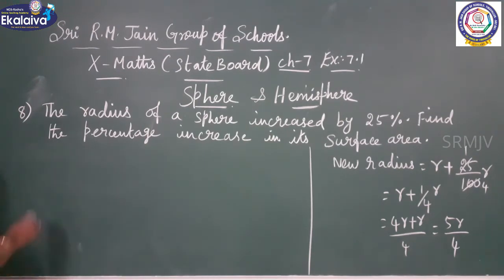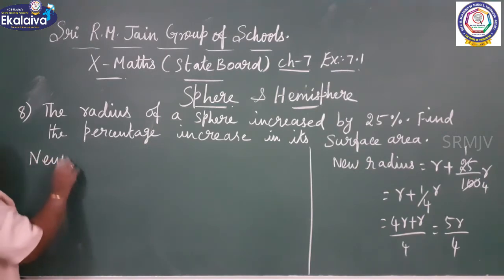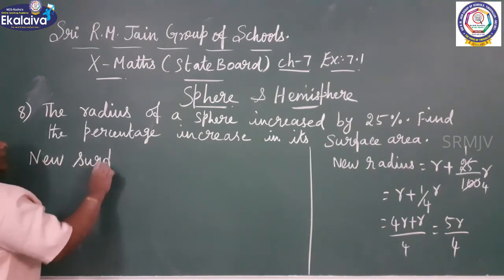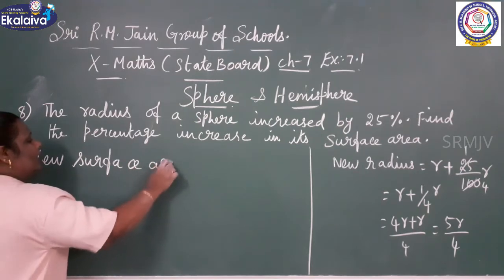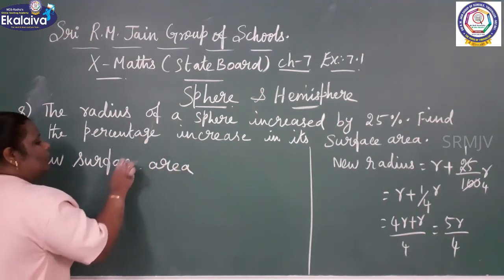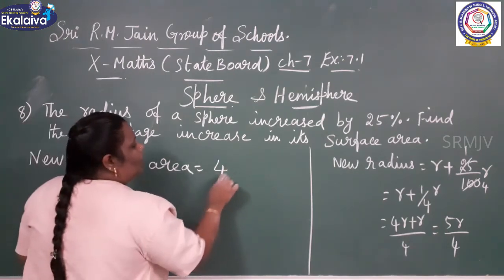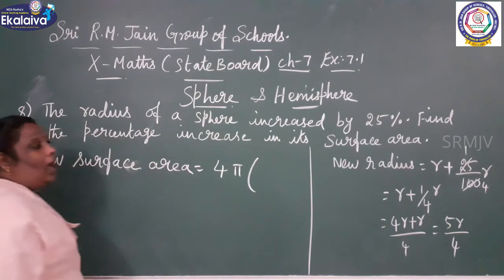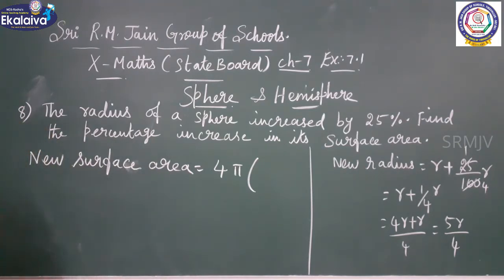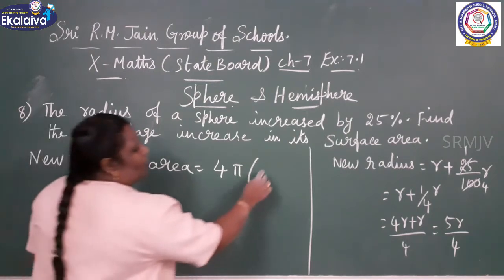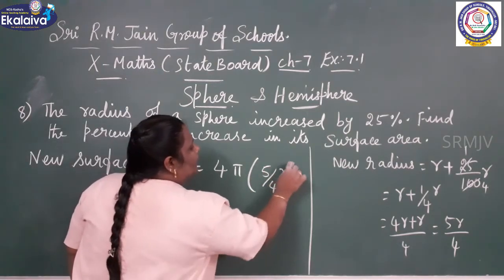Then we should find the new surface area. New surface area is equal to 4 pi into the new radius 5 by 4 r, the whole square.